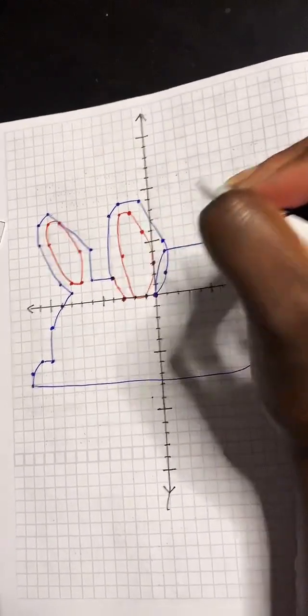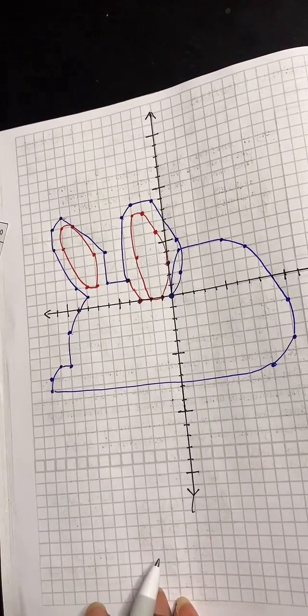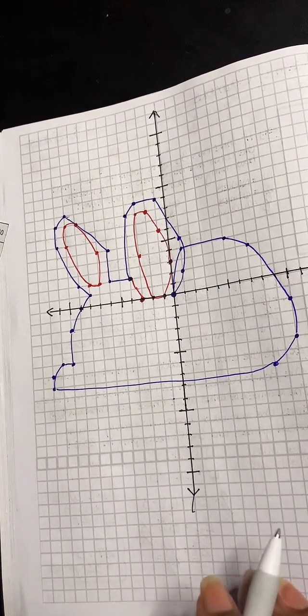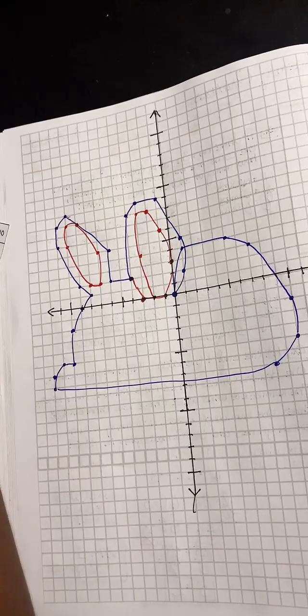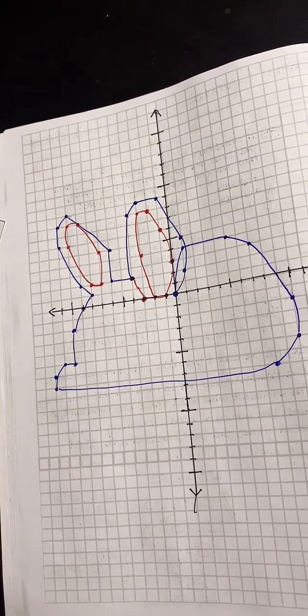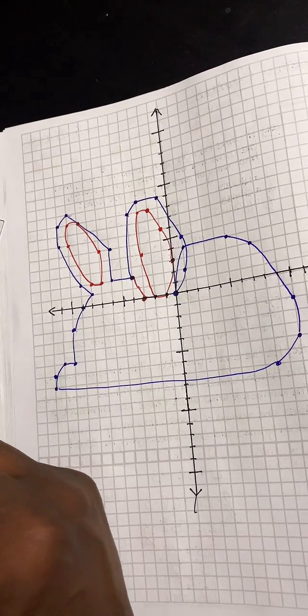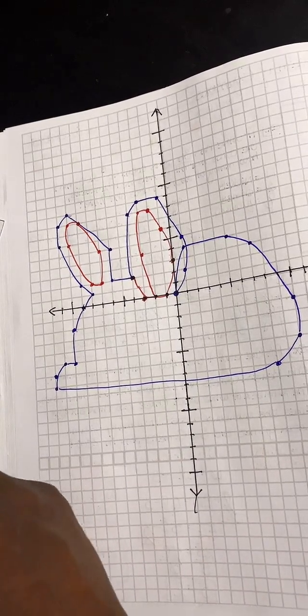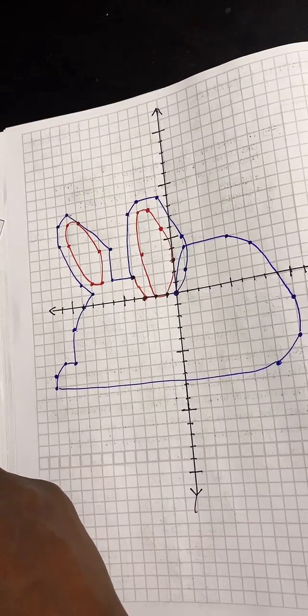That's weird. That's just weird, but okay. That's what it says. I love how there's 72 people here watching me make a rabbit.